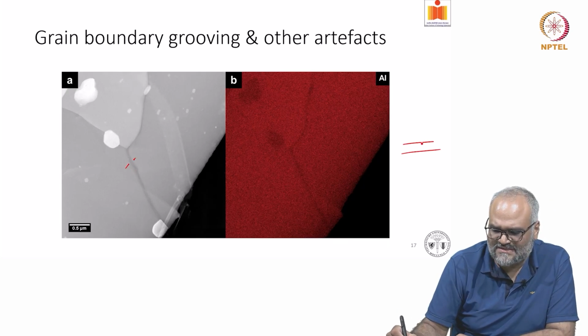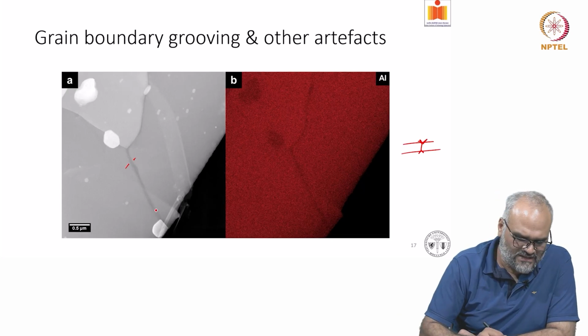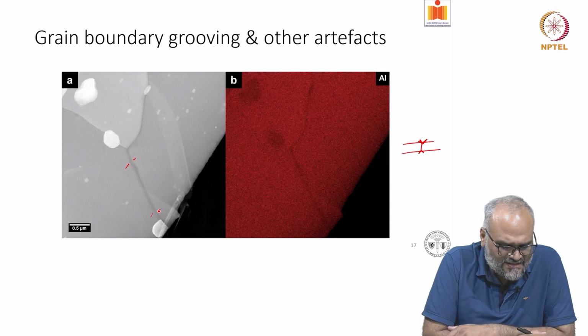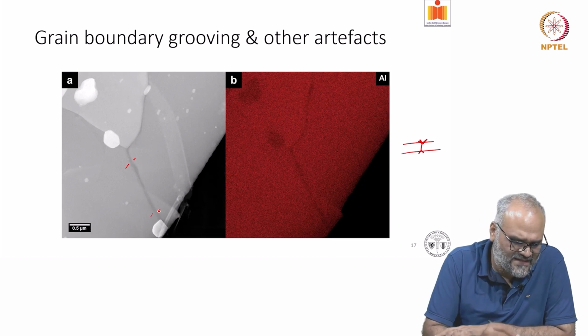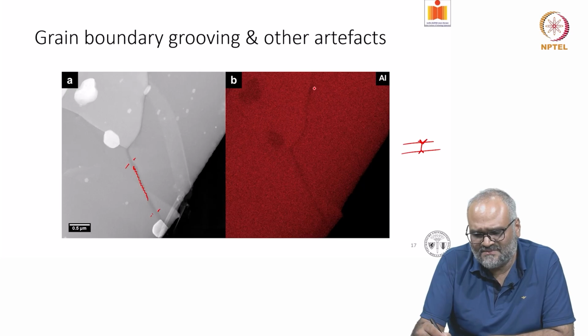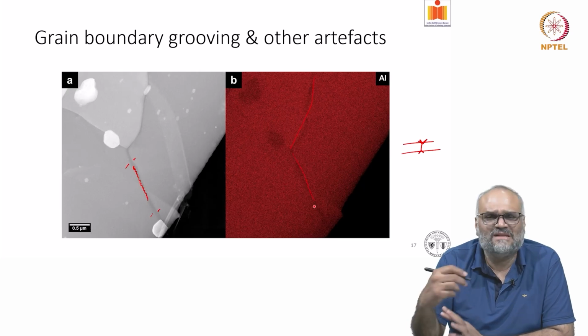There is formation of a groove at the grain boundary, and that is what you're seeing in this image. From the mass thickness contrast, you can see that in HAADF mode, this appears slightly darker because the thickness is reduced, and in the EDS map as well, you can see the presence of a groove.